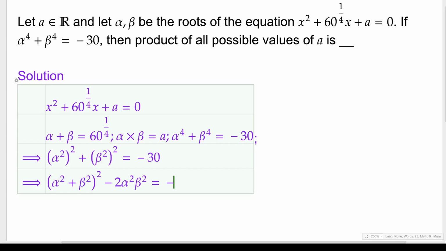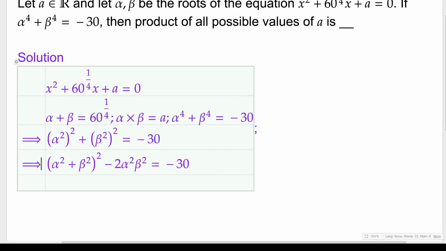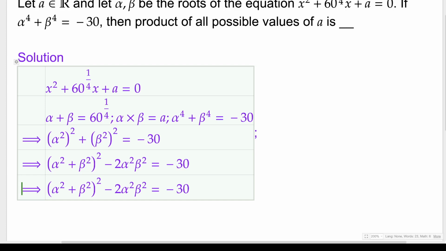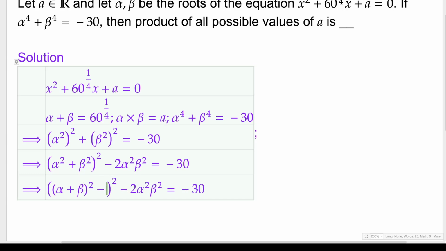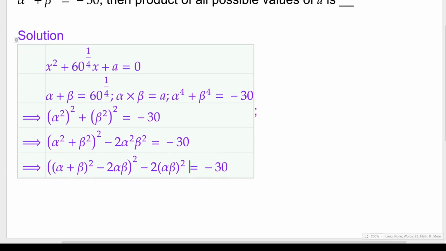Now I'll apply the a square plus b square identity again: alpha square plus beta square can be written as alpha plus beta whole squared minus 2 times alpha times beta. And the product of alpha and beta can be taken together and written in this way.